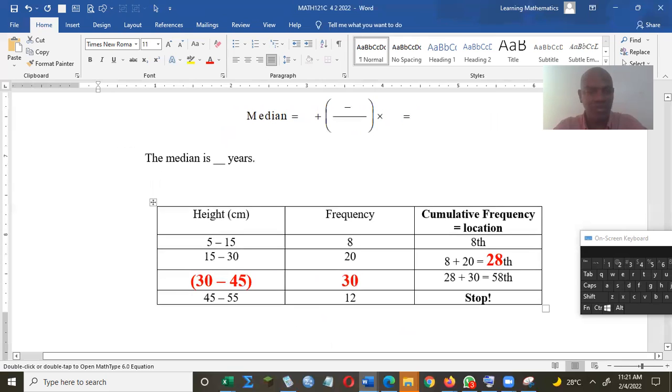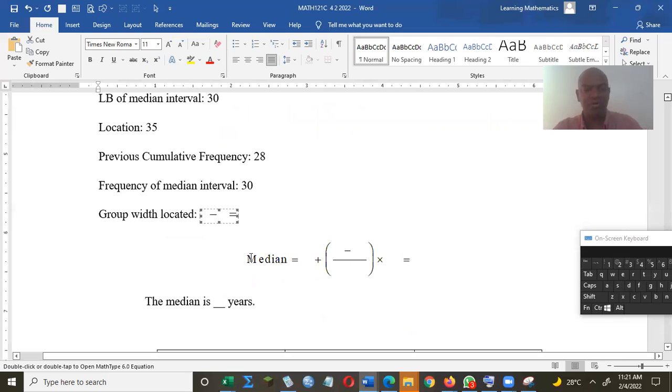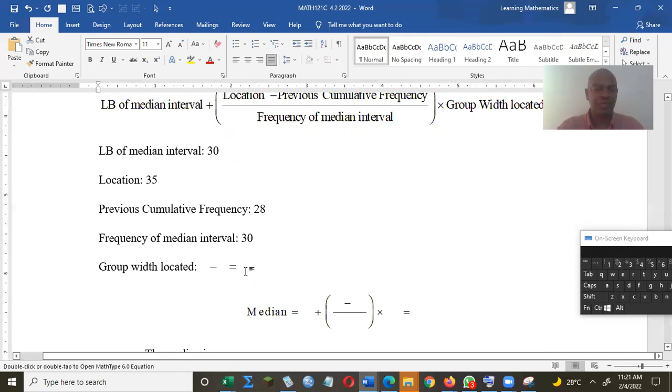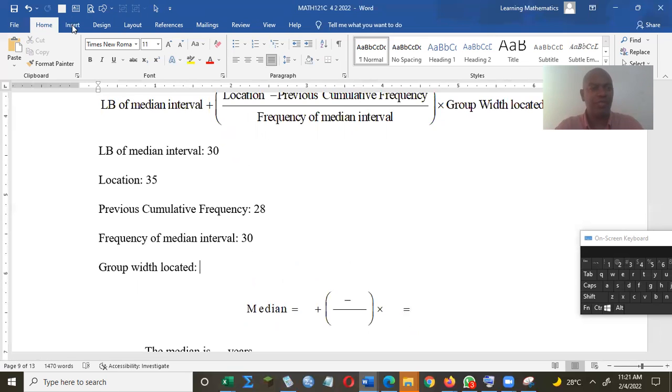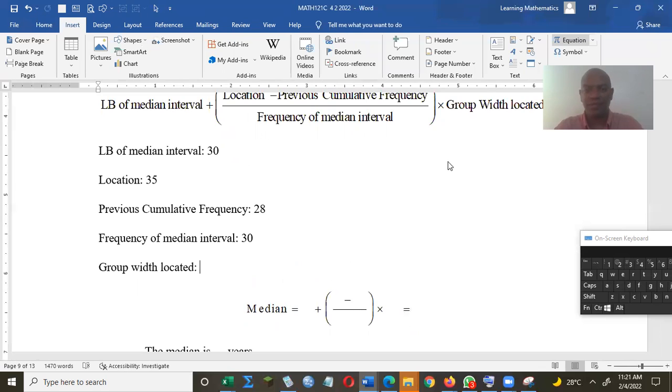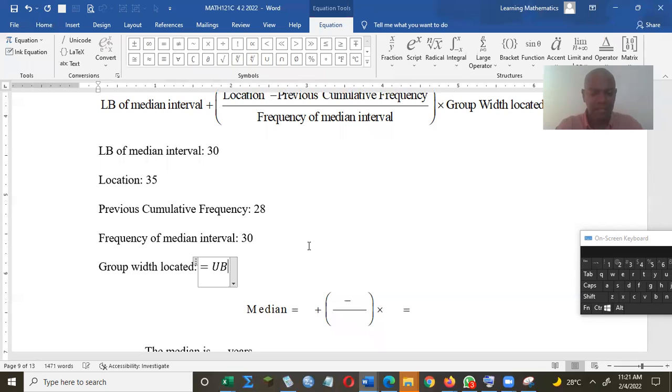So the group width is equal to the upper boundary minus the lower boundary. The upper boundary is 45 minus the lower boundary, 30. The group width is equal to 15.